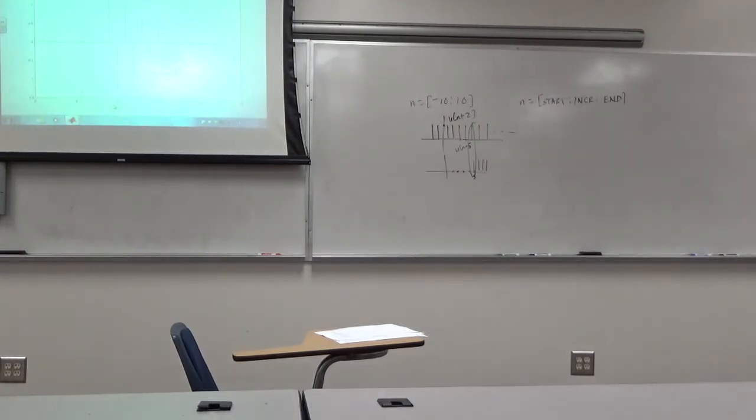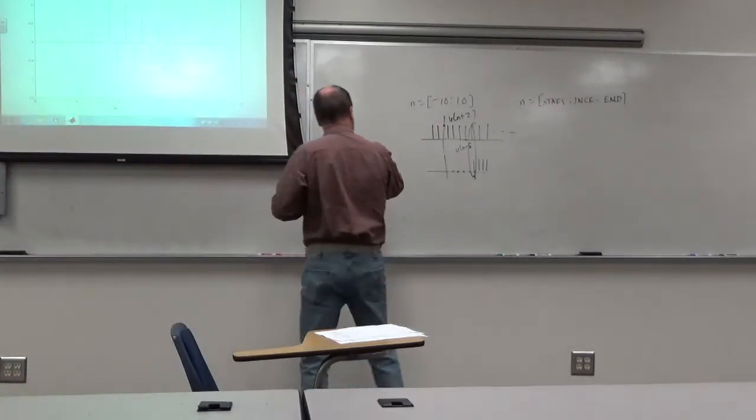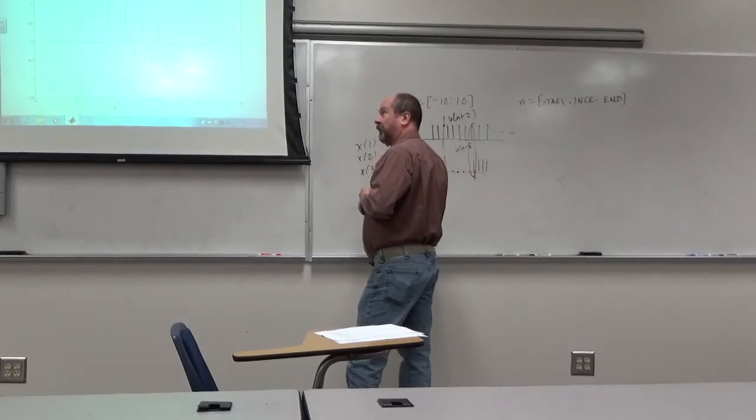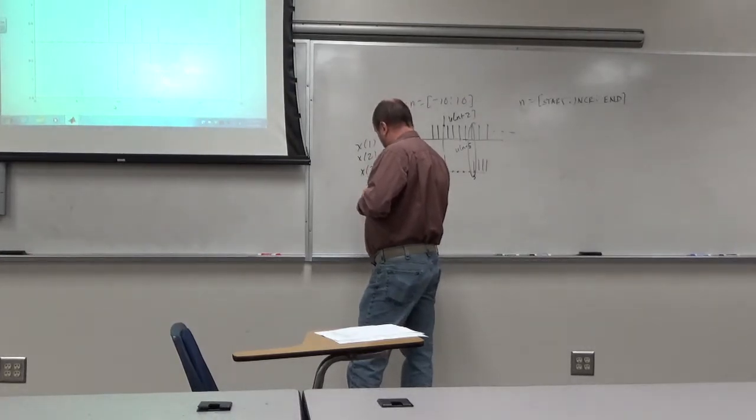If you leave off the x-axis variable, MATLAB plots it versus the index of the array. And x is an array, and x is indexed as x of 1, x of 2, x of 3, and in this case, because it had 21 points, it'd go all the way to x at 21.